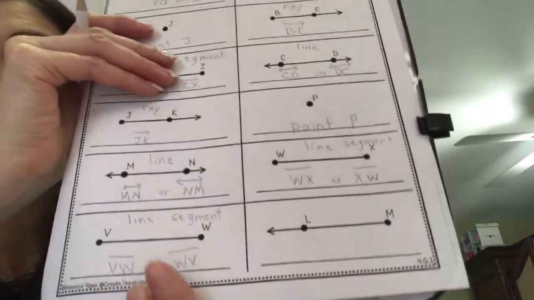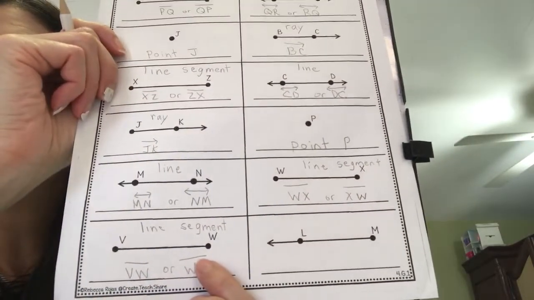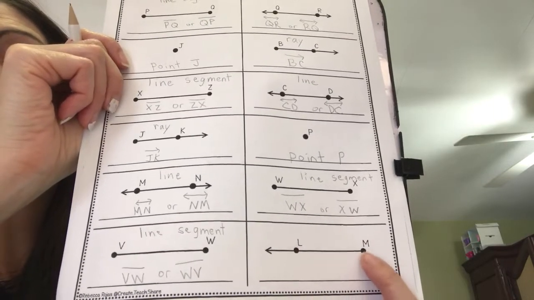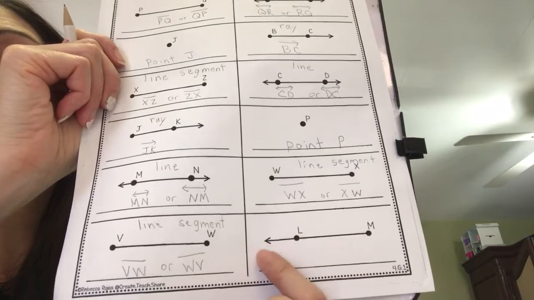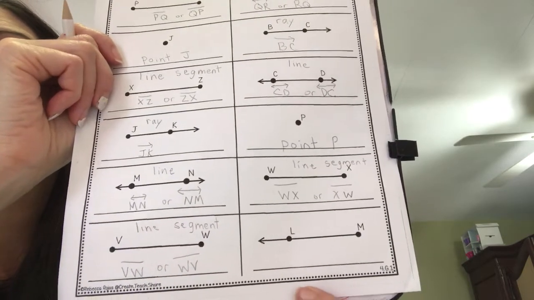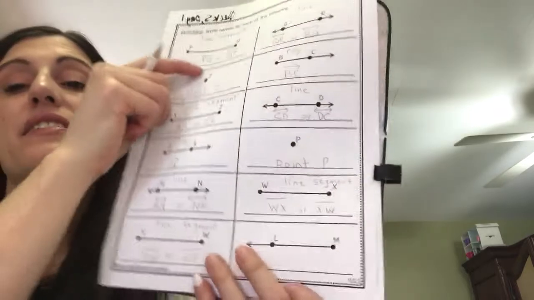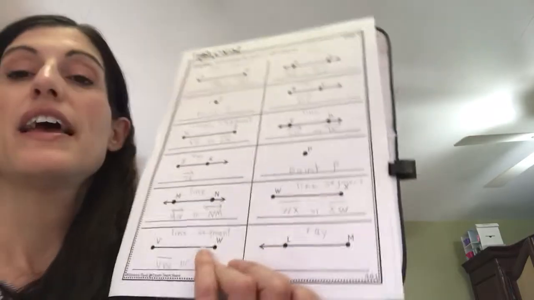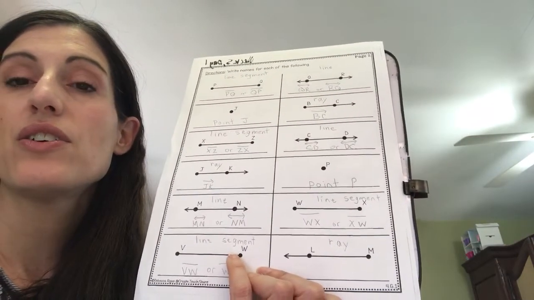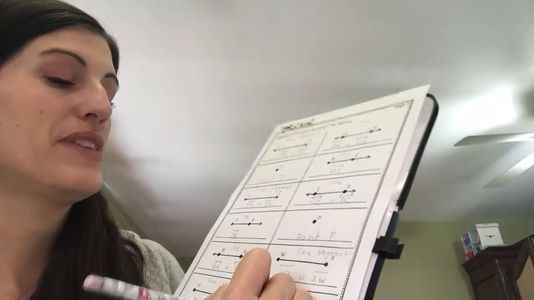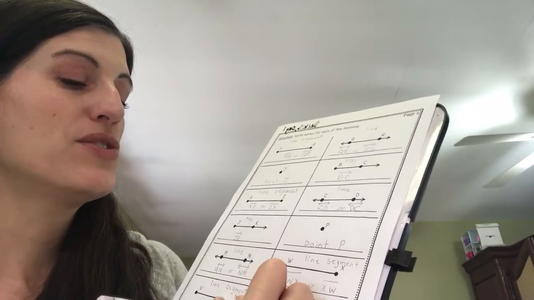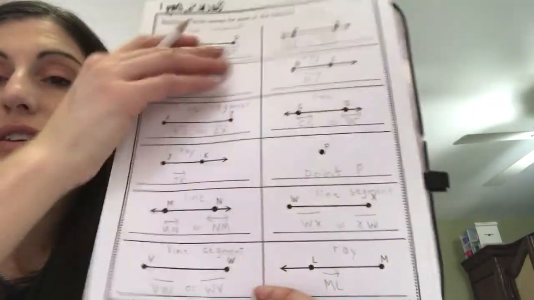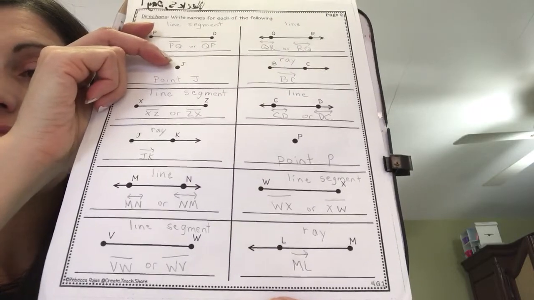And remember, you don't have any arrows when you rewrite them for the labeling. In our last one, we do have a starting point and then 1 arrow in one direction. We call that a ray. So that would be a ray, and we would have to start it with M. M to L with our arrow going like that. Okay?